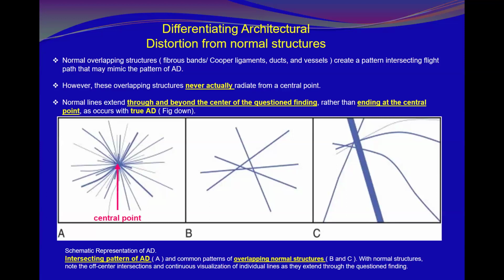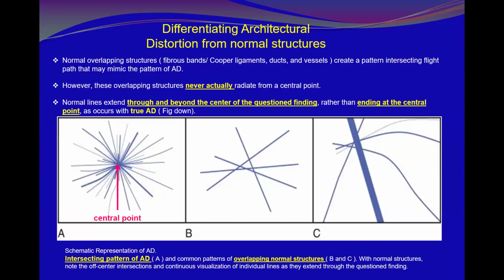Normally, lines extend through and beyond the center of quiescent findings. If we have lesions or any questionable area, and we can see these lines radiating through without pointing to a central point, then it will not be a true distortion.